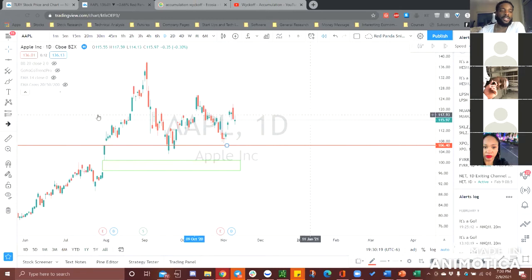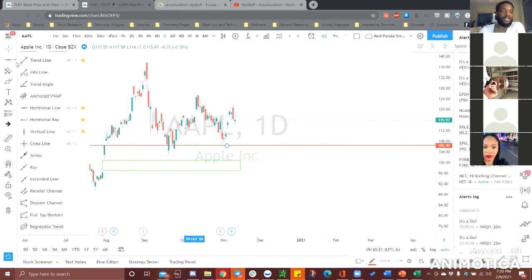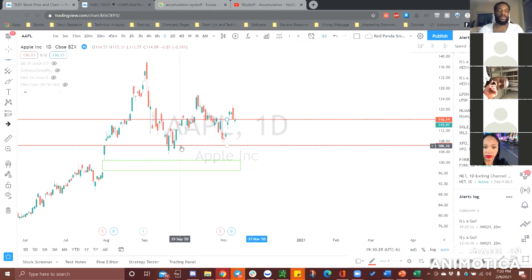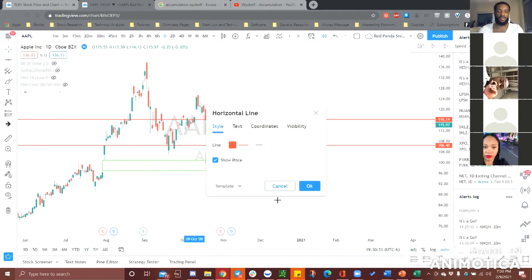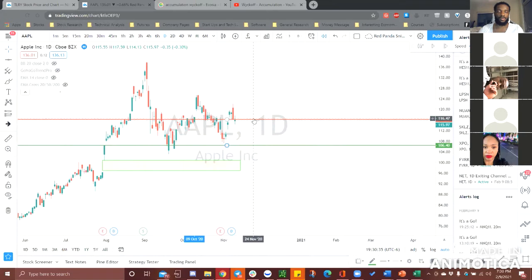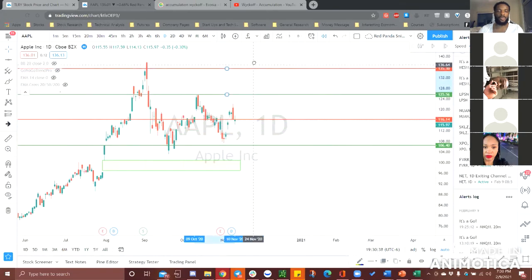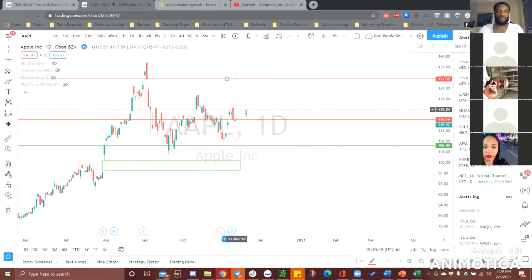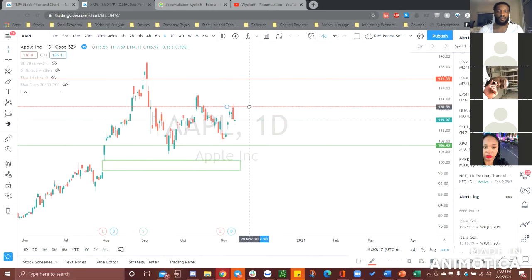So, okay, looking at this, what I've seen here is this was a resistance line, support. Let me make this green. And then there's another level like here. All right.